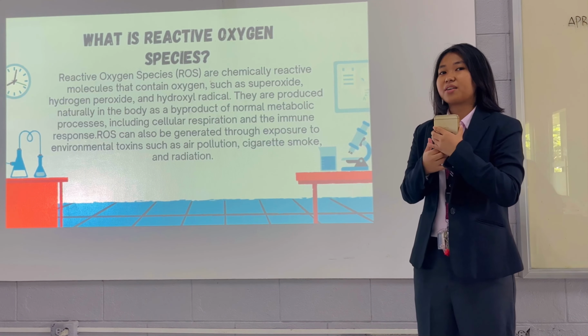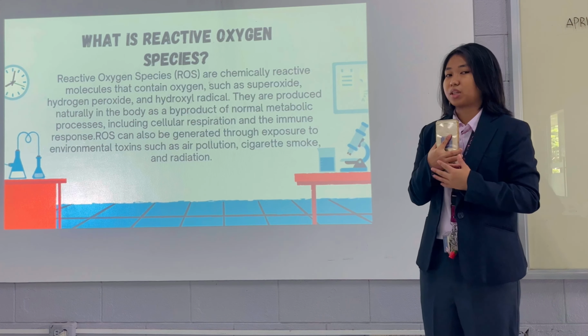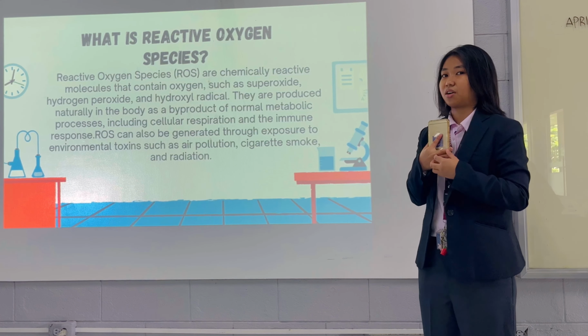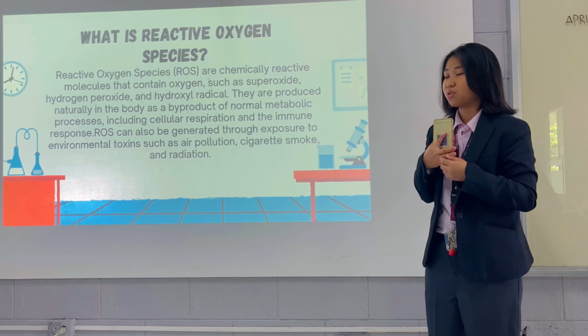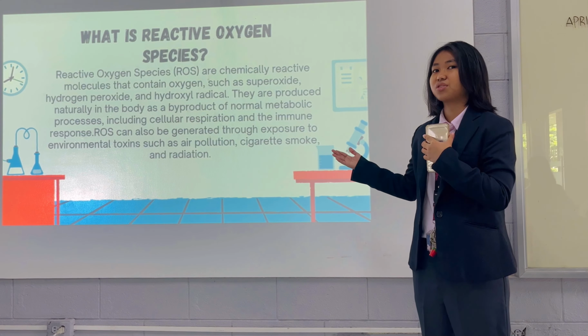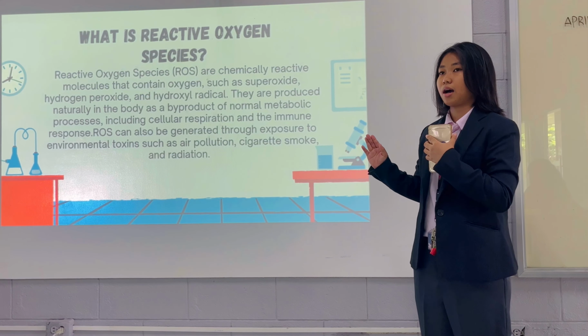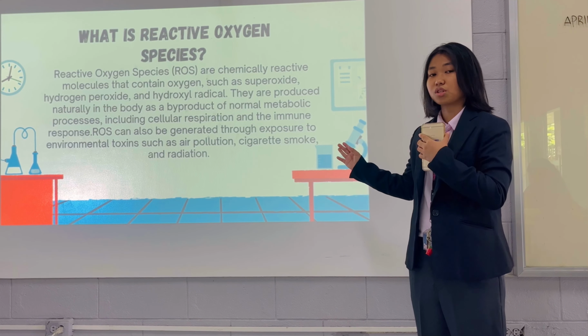They are naturally produced in our body as a byproduct of normal metabolic processes, including cellular respiration and the immune response. Because it's naturally occurring in our body, ROS are naturally used.